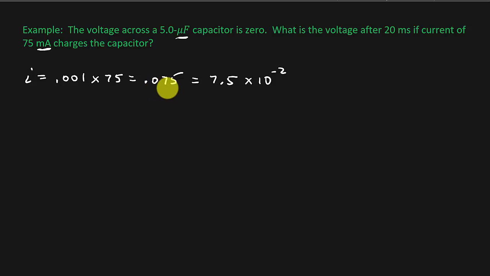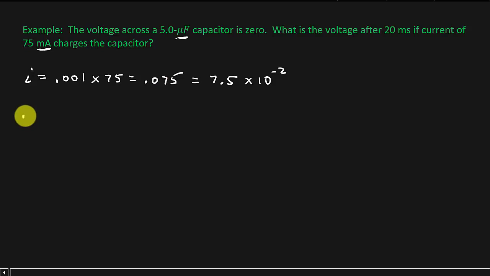And then the farads, that's going to be, let's see, 1, 2, 3, 4, 5 zeros times the 5 here, and that's going to equal 0.000005.